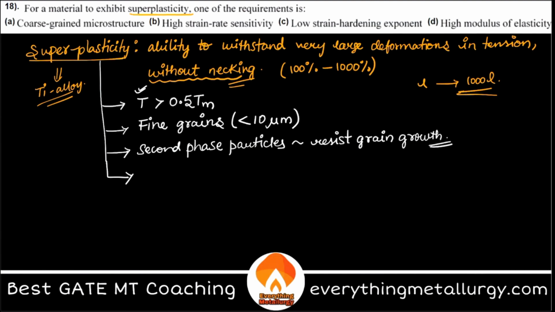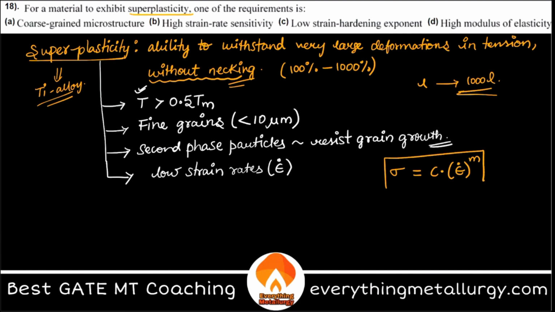Okay, what else? Now coming to the strain rates. We require low strain rate, because low strain rates are helpful for better ductility, because the flow stress will come down. I think many of you know this, there is a relation between the stress and the strain rate: sigma equals C into epsilon dot power m.